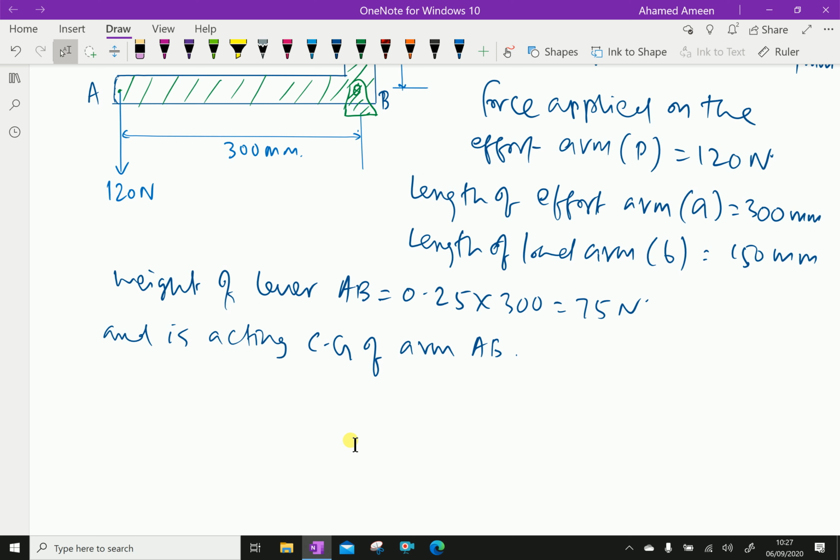That is from A to B, it acts 150 mm from A.